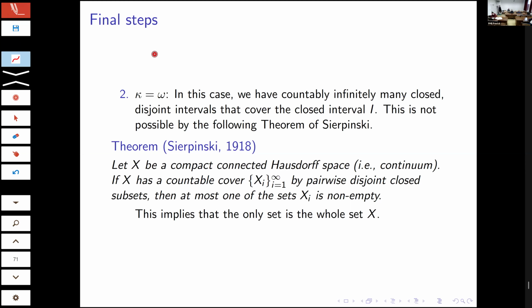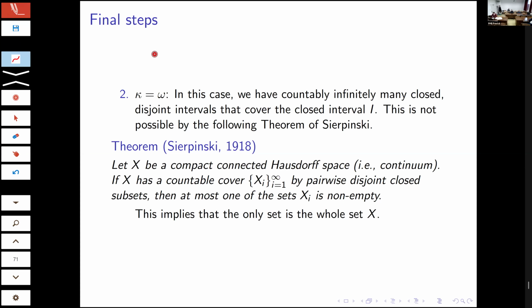Do I have time to say it, or let's keep it? Well, yeah. This is the last point. This theorem says the following: if you have a compact connected Hausdorff space, a continuum, and if X has a countable cover by pairwise disjoint closed subsets, then at most one of the sets Xi is non-empty, which means that it is the whole.